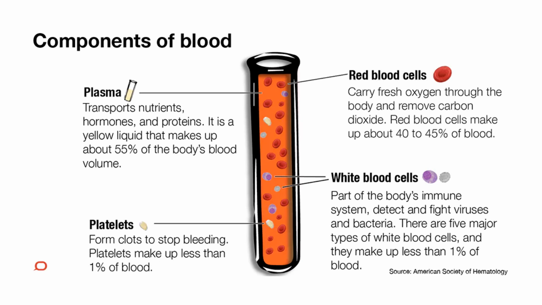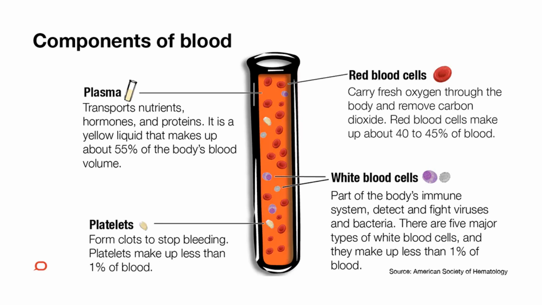The platelets make a tiny component, less than 1%, and they are responsible for forming that fibrin clot, that platelet plug that we've spent so much time talking about. And lastly, the white blood cells make a small percentage as well, less than 1%, and they are responsible for the immune system, for fighting infections such as bacteria or viruses.